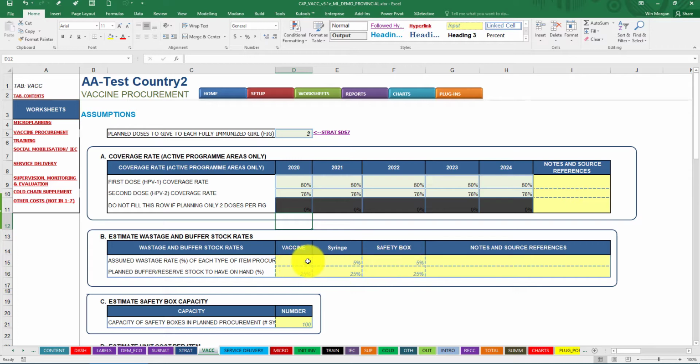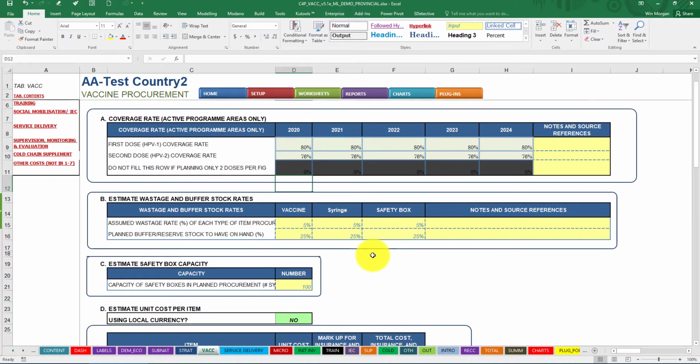And generally we set that at between 5 and 10% for HPV. But you can put it higher if you feel that you need to for your particular situation. The planned buffer or reserve stock that we want to have on hand, usually the standard is 25%, but if you want to, you can reduce that as well, or you can increase it according to what you feel your needs are.